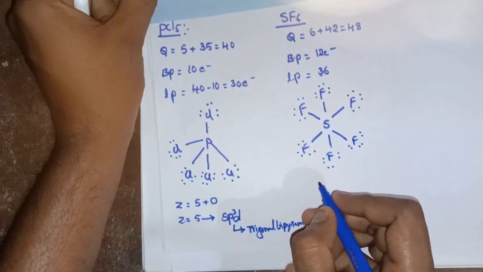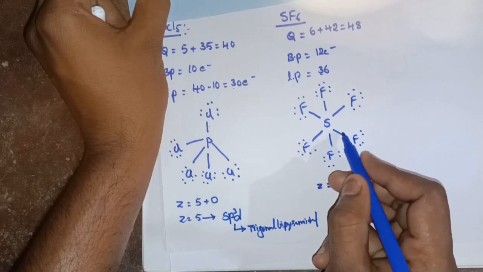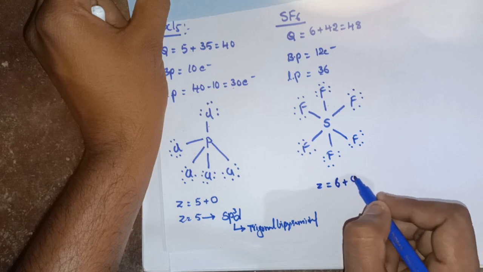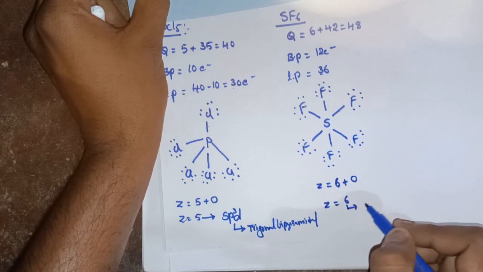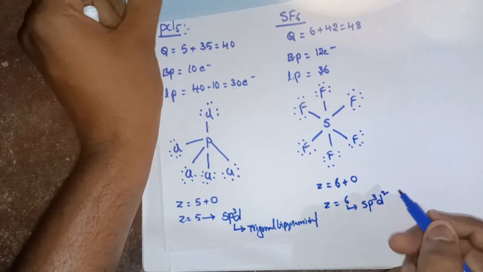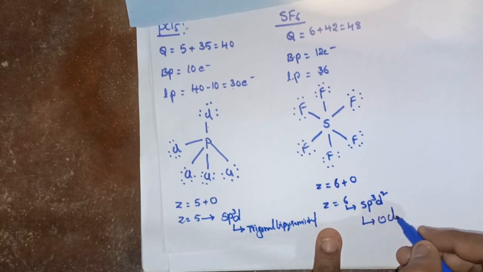Okay, let's find out the hybridization. Z is equal to the number of sigma bonds, 1, 2, 3, 4, 5, 6, plus the number of lone pairs on the central atom, 0. That is Z is equal to 6. Then the hybridization will be sp3d2. Its geometry is octahedral.